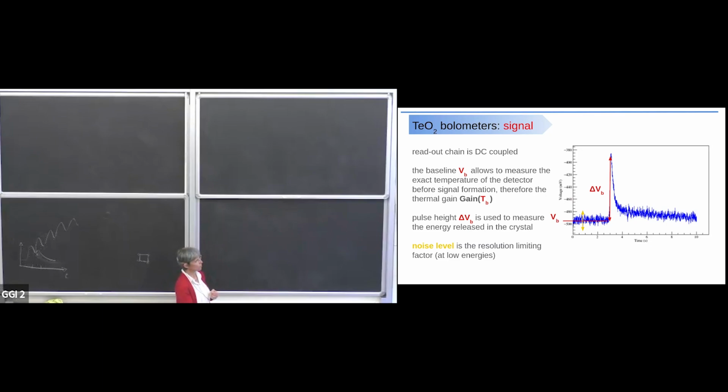So in this portion of the waveform that usually I digitize, I am able to see the voltage of the thermistor before the energy release. And therefore, I'm able to measure the temperature of my crystal before the production of the signal. And this is important because it means that I'm able to evaluate the gain, the thermal gain.